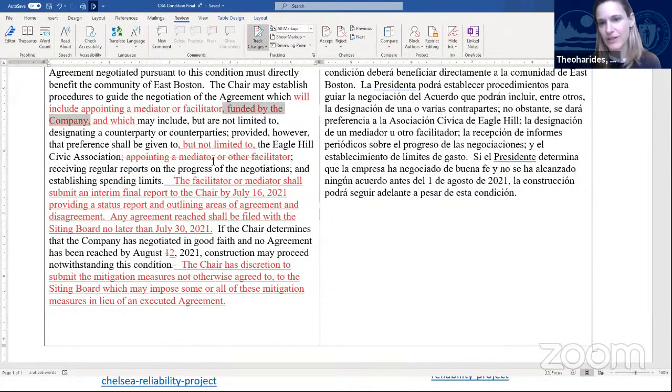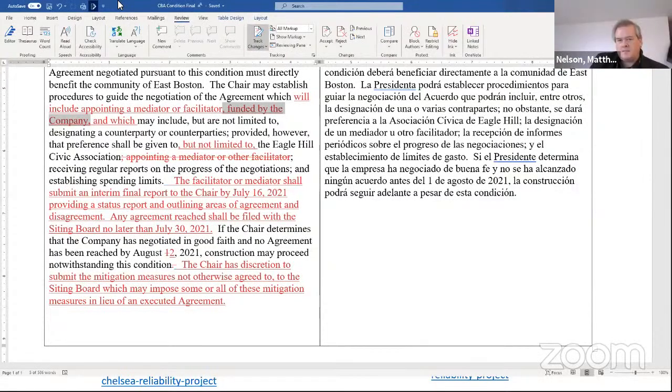I guess the only question is if the company pays for it, is there an appearance of it being non-neutral? And I don't know if the DPU has funding to pay for something like this, but not having the answer to that today, I'm wondering if we need to make the decision. Well, the chair is to establish the procedures to guide the negotiation of the agreement, so I think that the independence of the facilitator would be achieved even with the company providing the financial resources to retain a facilitator.